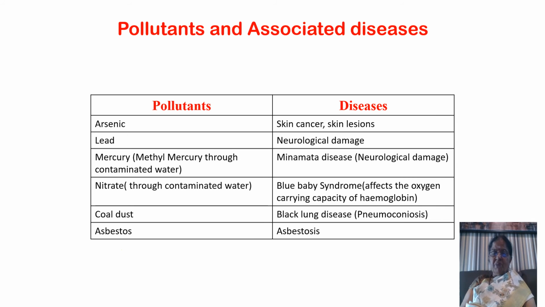And coal dust, the dust coming from coal, causes black lung disease, called pneumoconiosis. And asbestos, the asbestos sheet, which I think is banned now, but in some places we still see it, causes a disease called asbestosis.